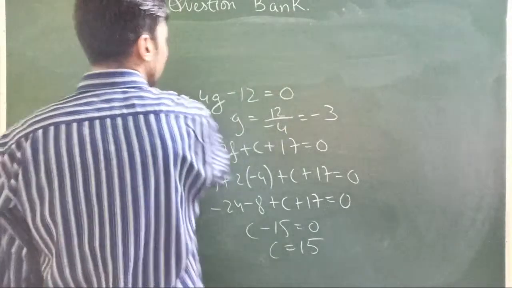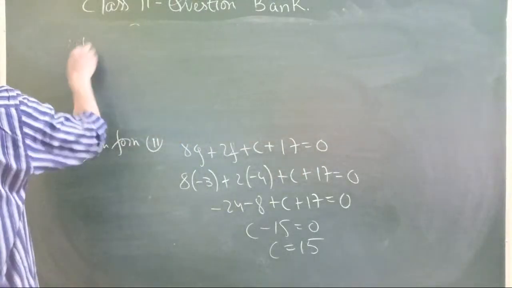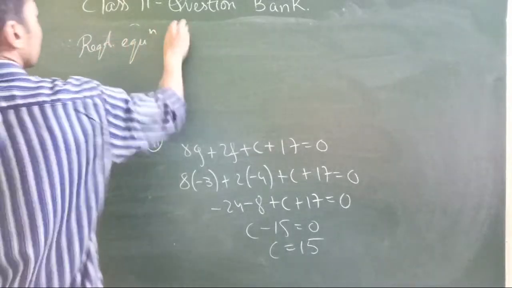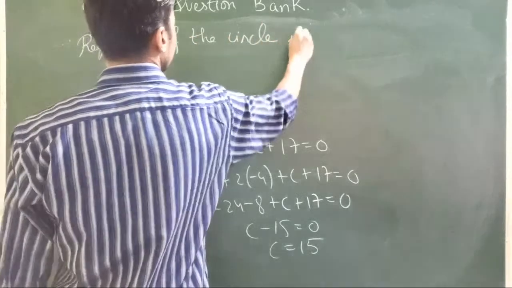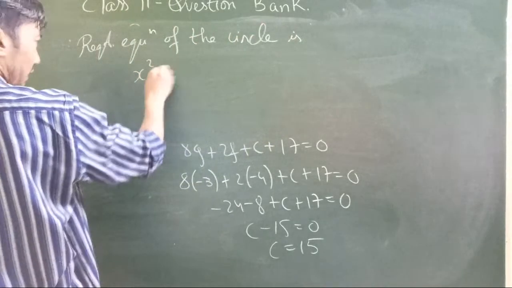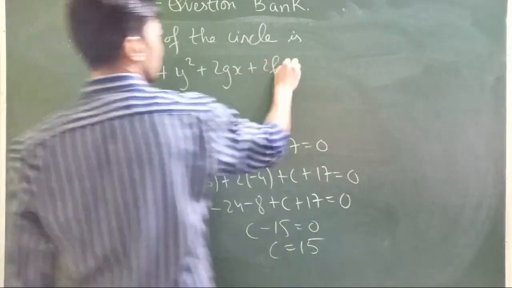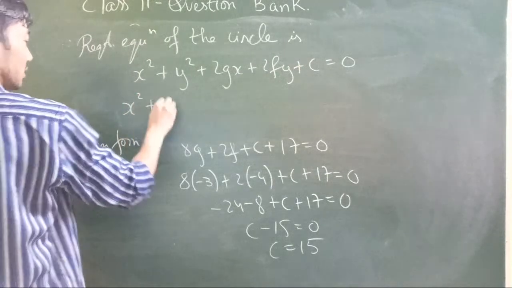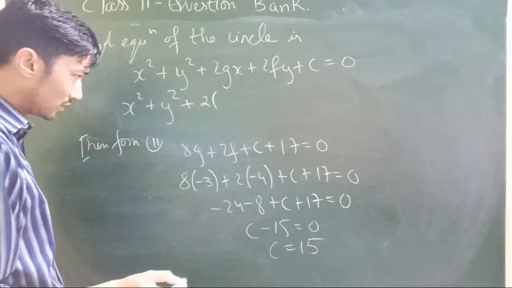Now we can go and get the equation of the circle. Therefore, the required equation of the circle is, I'll write again, x squared plus y squared plus 2gx plus 2fy plus c is equal to 0. So that's x squared plus y squared plus 2g. What was the value of g?